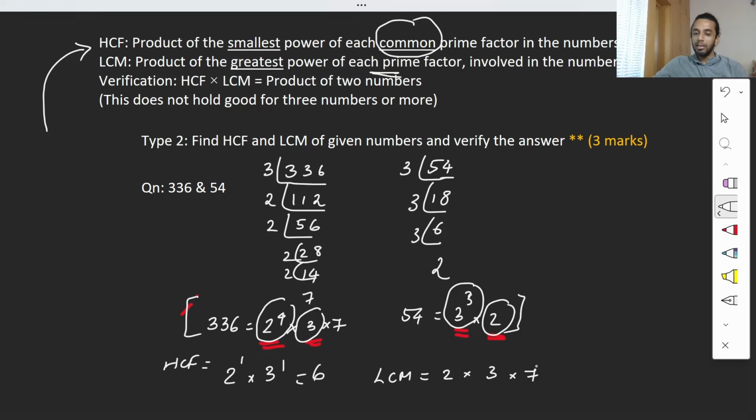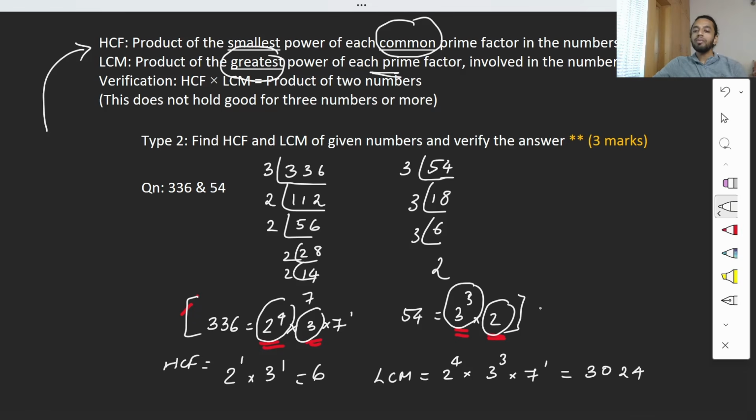Then we go for the greatest power in each of them. 2 power 4 is the greatest, 3 power 3 is the greatest, and 7 has just one number. When we multiply these three, we get 3024.